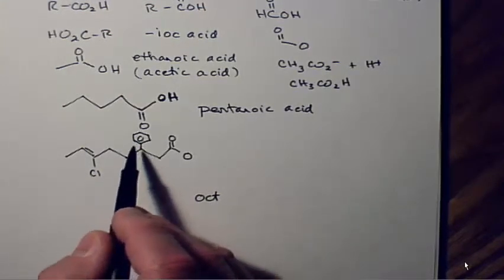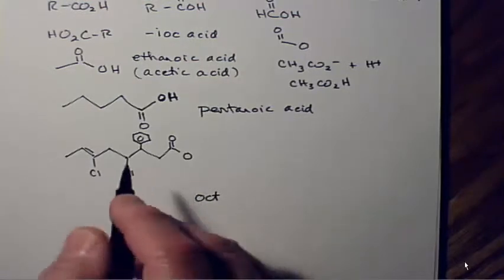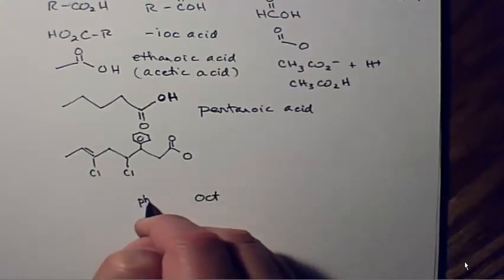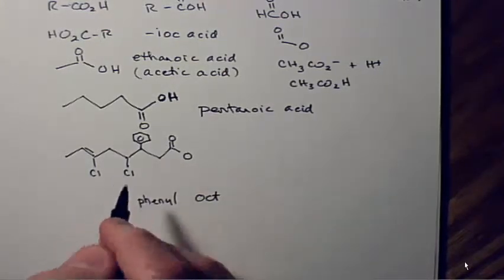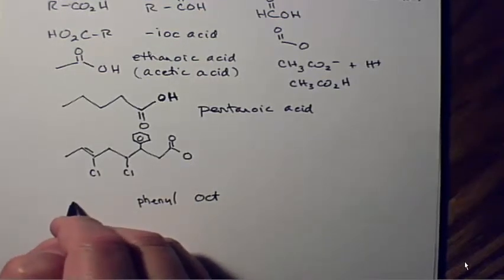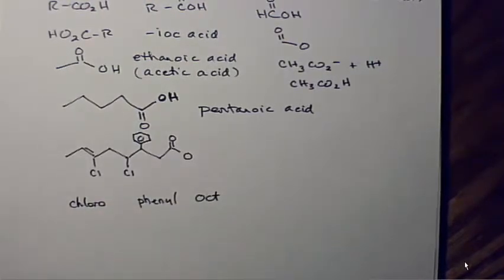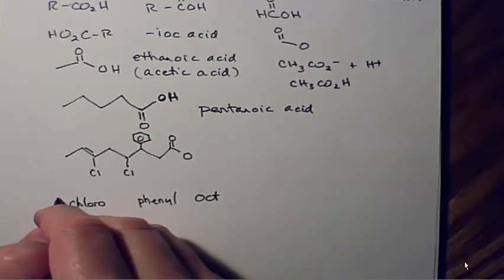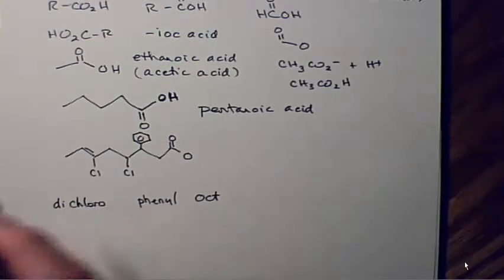Chloro comes before phenyl alphabetically, so phenyl is the one that's going to be closest to the oct, and chloro is going to come before that because alphabetically C comes before P. You do it that way even if we didn't have 2 of them. You basically ignore the prefix di when putting them in alphabetical order.